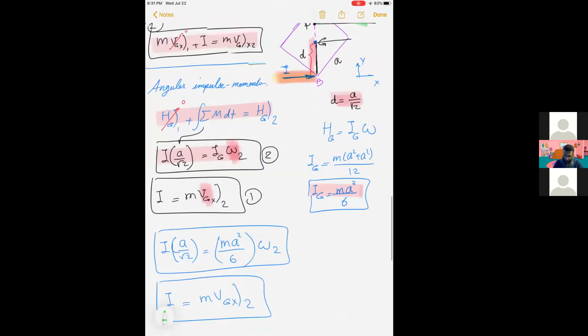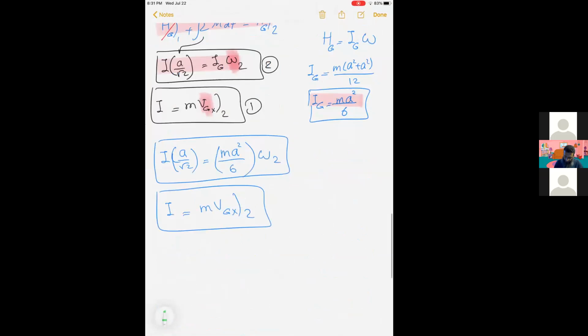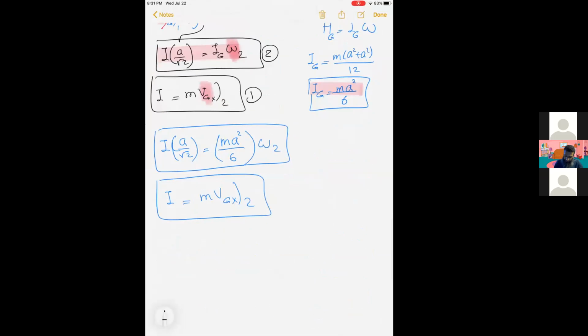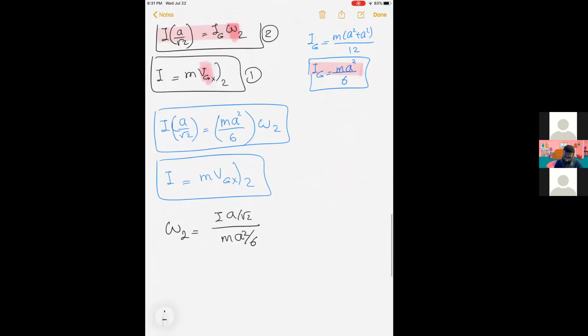How can I get y from here? So technically, if you solve these equations, from the first equation you get omega 2 is I A over square root of 2 divided by m A squared over 6. You can simplify this to get I over 6 square root of 2 m A. It's going to be your omega 2.